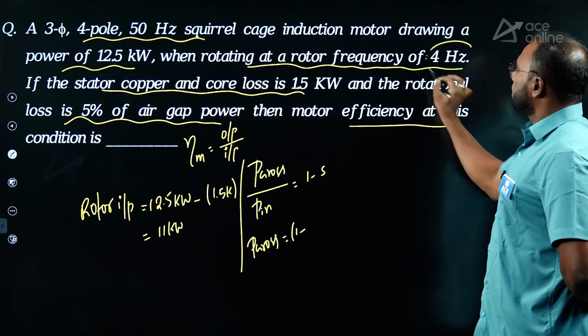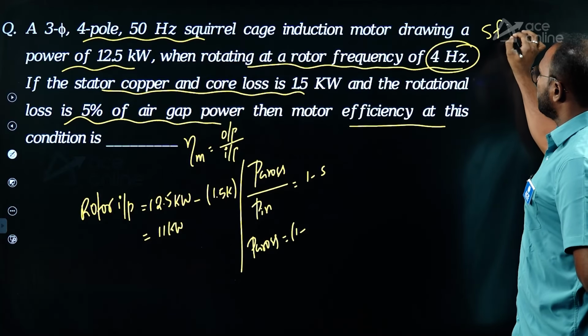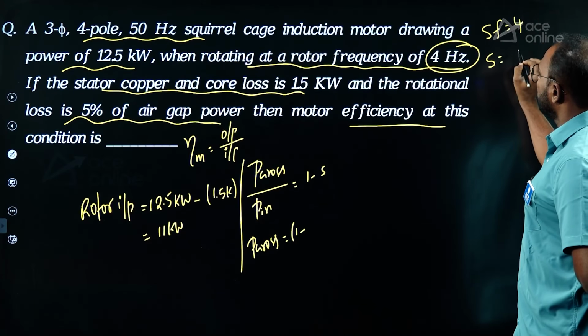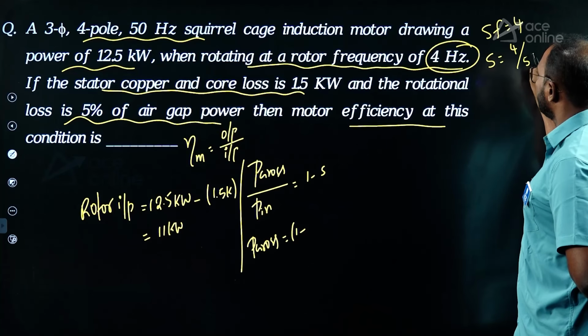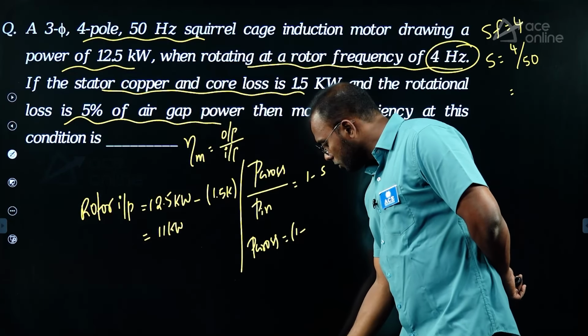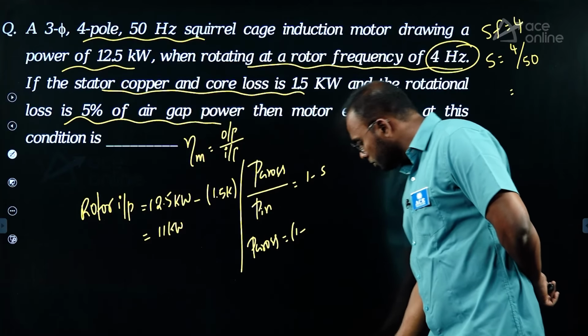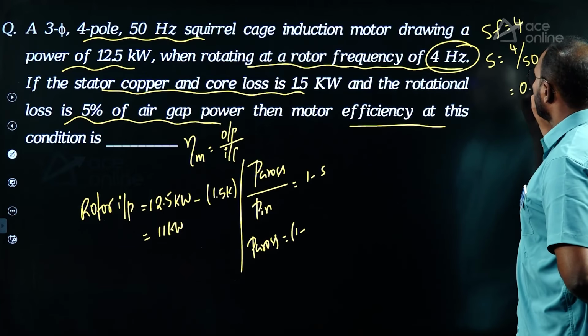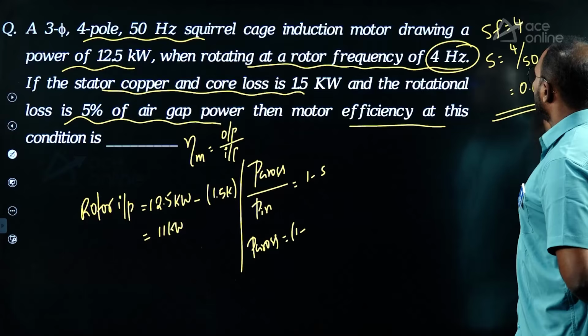It is having a rotor frequency of 4 Hertz, means SF equal to 4. Then what is the S value? 4 divided by 50. How much it is? Calculate slip 4 by 50. 0.08. Okay. 0.08 is the slip.